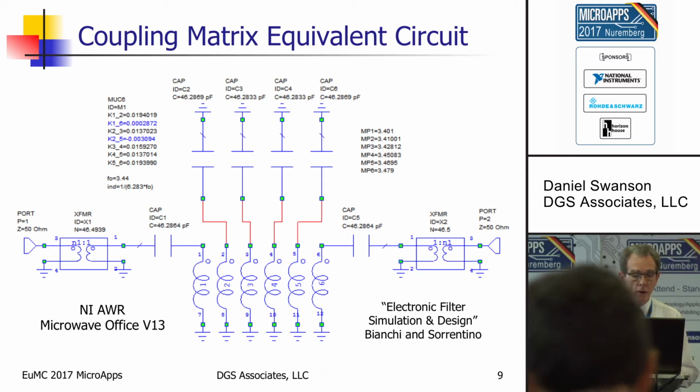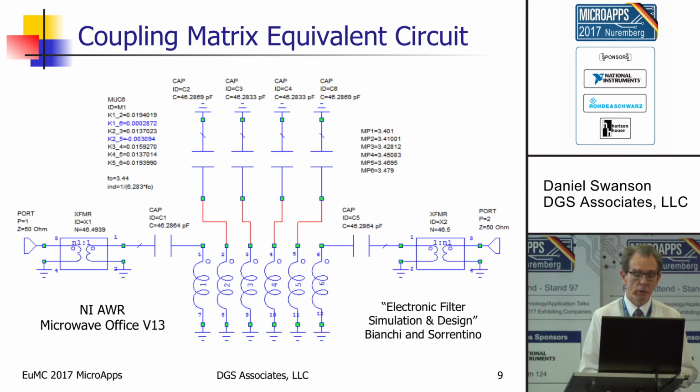And in Microwave Office, they have this really neat coupled inductor model, so that the self-inductance, of course, is our resonator, but then every possible non-adjacent and adjacent coupling is available in this model. So it's very convenient for experimenting with various coupling matrices.